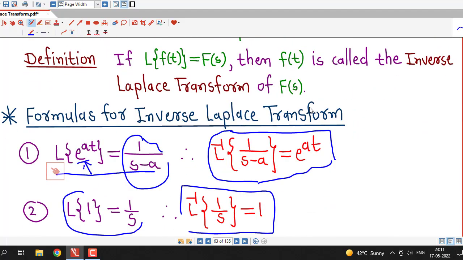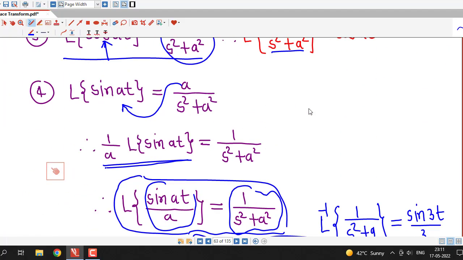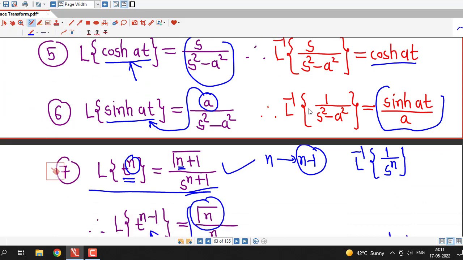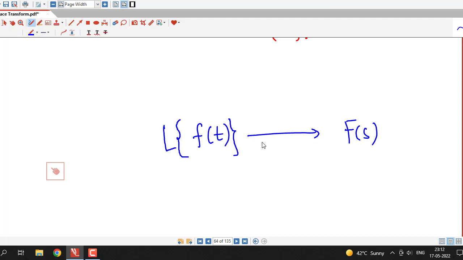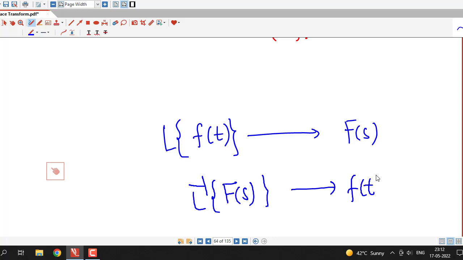So this is all about this session. In this session we have discussed inverse Laplace transform, and we conclude that if Laplace transform of f of t is capital F of s, then L inverse of capital F of s is f of t.